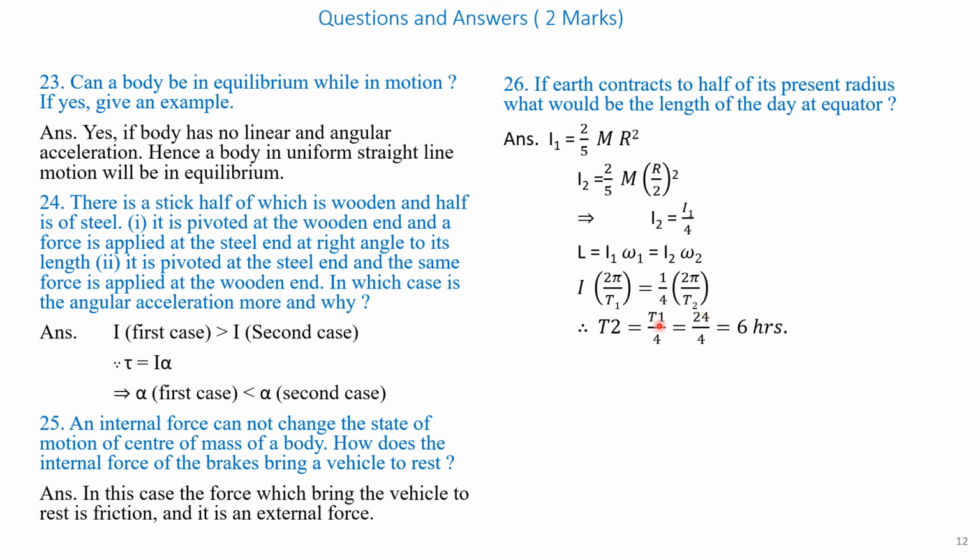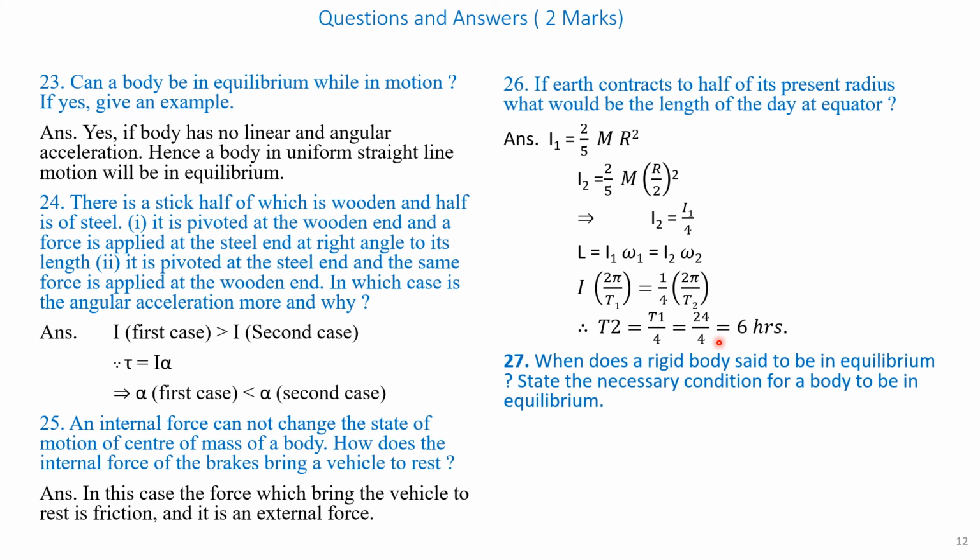So T2 is equal to T1 by 4, that is equal to 24 by 4, that is equal to 6 hours. So the length of the day will be reduced to 6 hours instead of 24 hours.